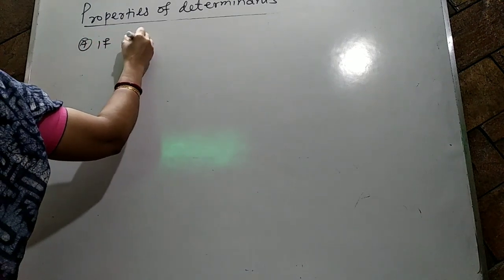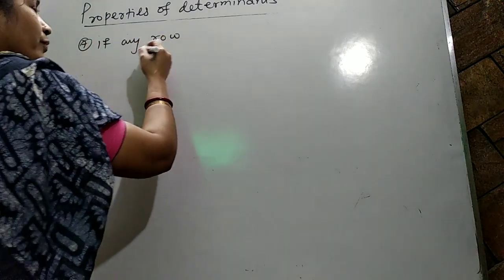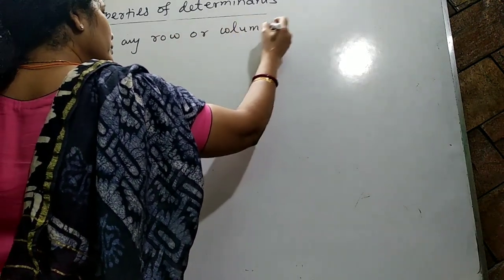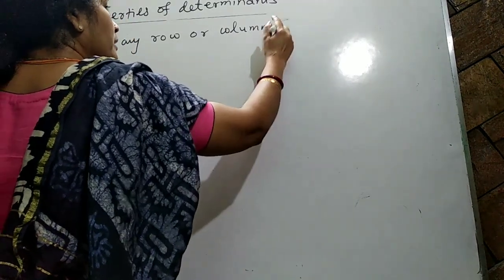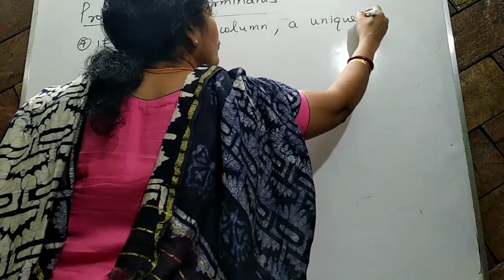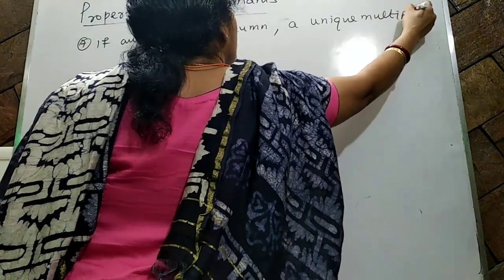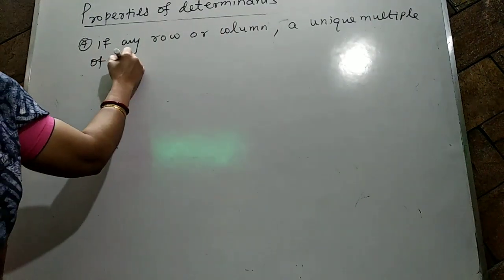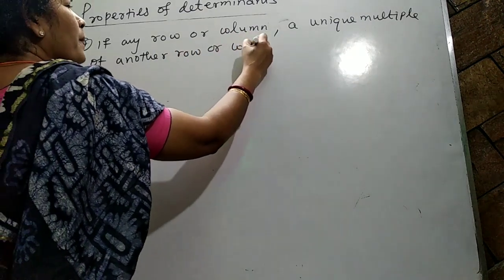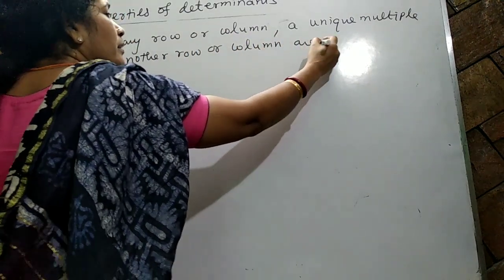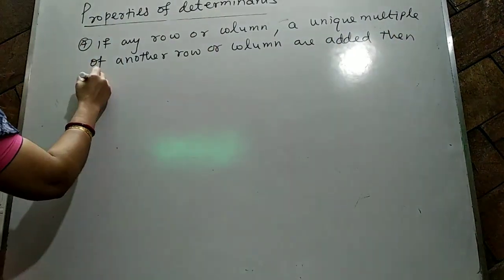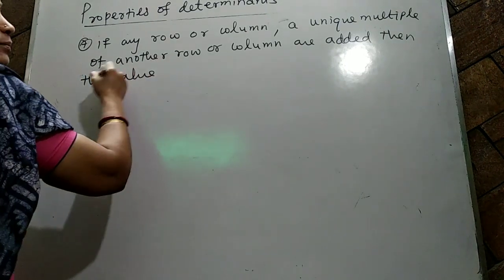If any row or any column is added with a unique multiple of another row or column, then the value of the determinant remains the same.